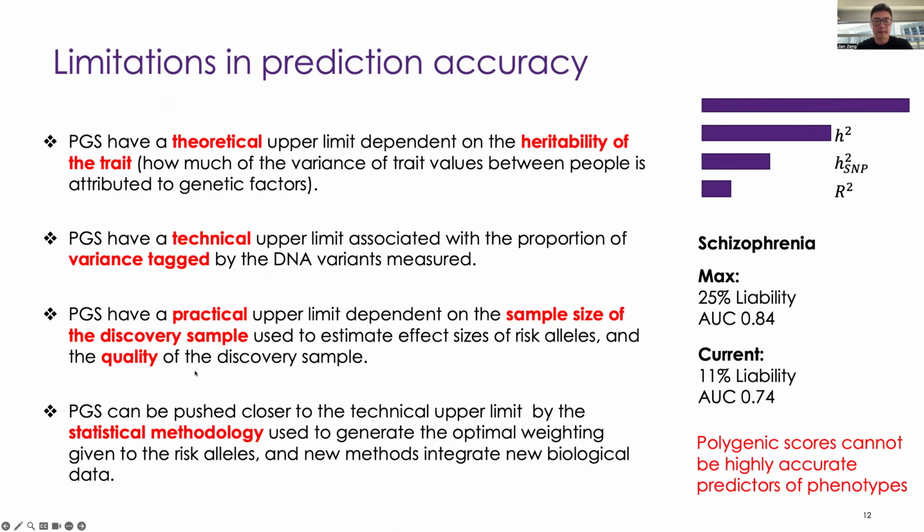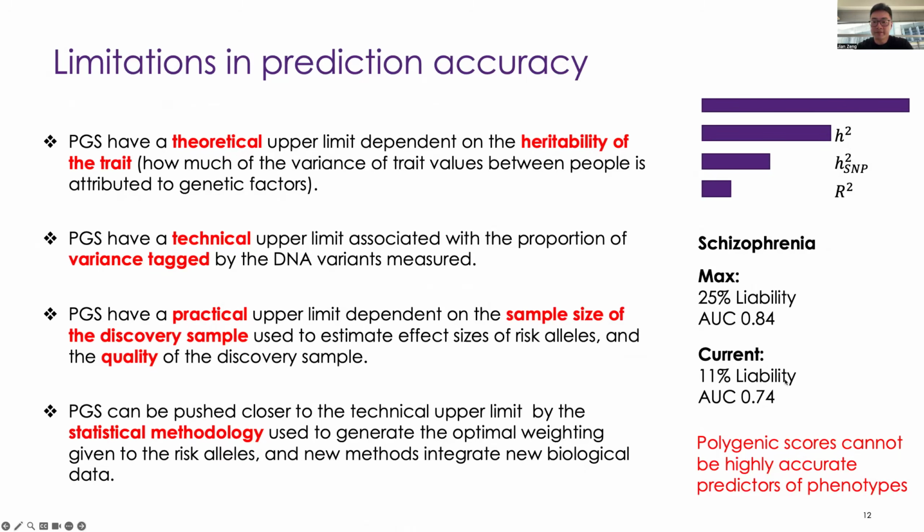For example, the technical upper bound for prediction accuracy in schizophrenia is estimated to be about 25% on the liability scale. This is the SNP-based heritability captured by common SNPs with minor allele frequency greater than 1% in the population, or is upper bounded by an AUC of 0.84.